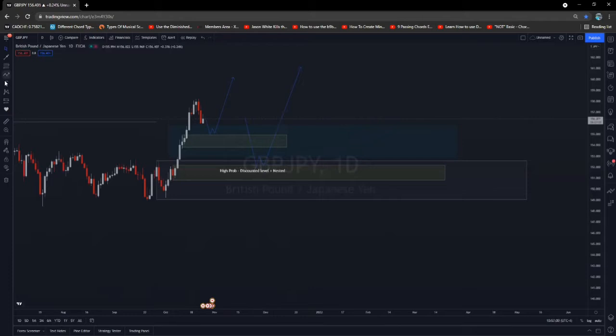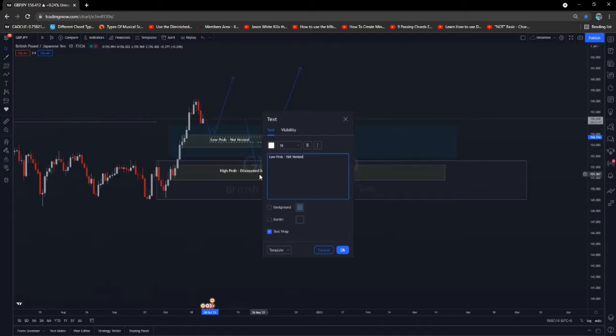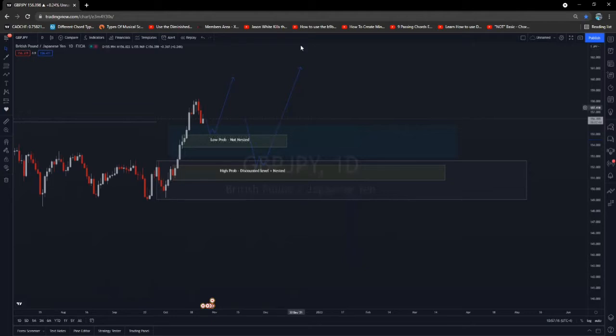And then this area over here is low probability. Why? Because it's not nested within a high time frame area. Right. Let's move on to another pair.